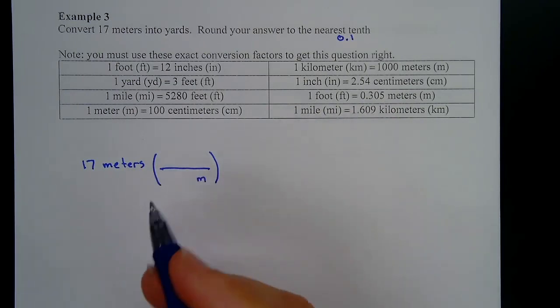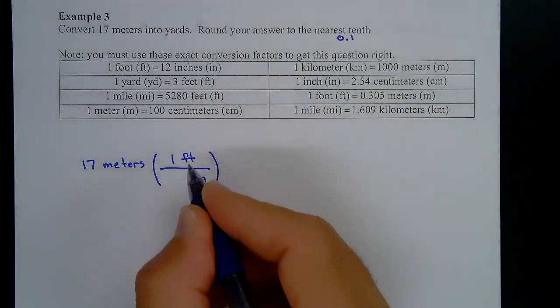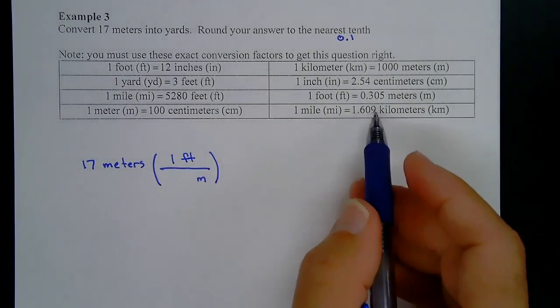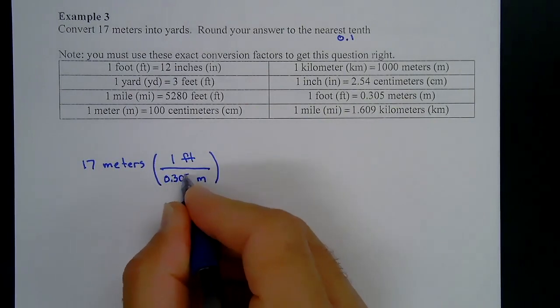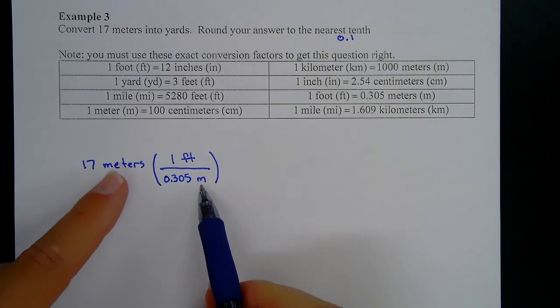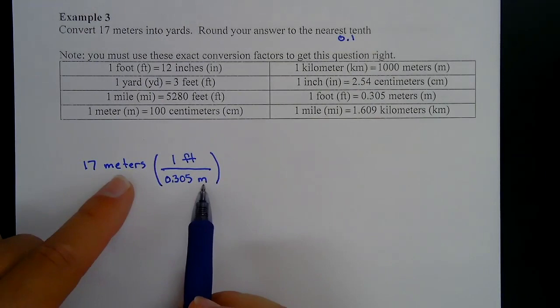That's the version of 1 that I want. So 1 foot over 0.305 meters. Our meters cancel. Right now, the units that we have are feet, because these meters cancel out.